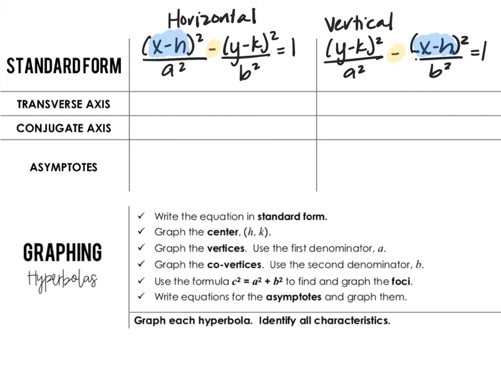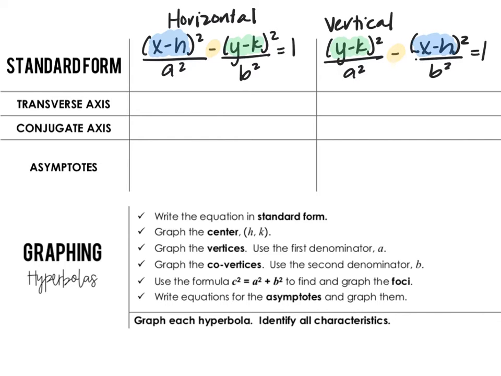See there how we actually changed the sign where x minus h is positive for the horizontal, but then x minus h becomes negative for the vertical. And that's the big difference there. But also see that y minus k is negative for the horizontal, but y minus k is positive for the vertical. But a and b still stay in the same place.